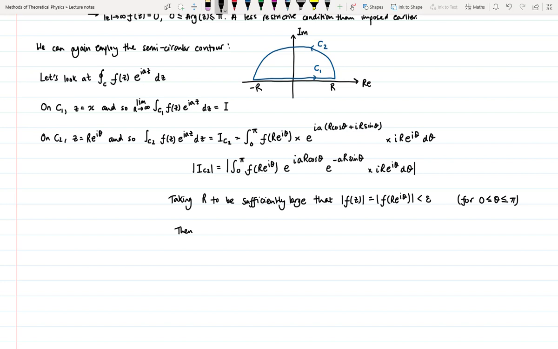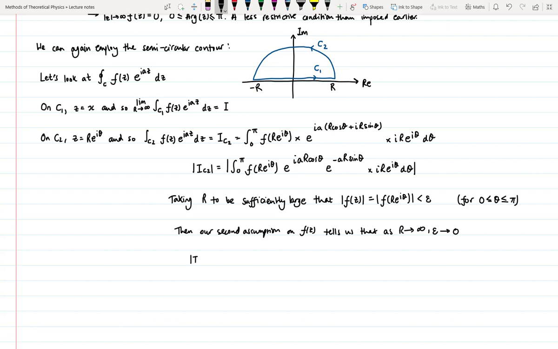Then our second assumption tells us that as r tends to infinity, this bound tends to 0 and our function vanishes.